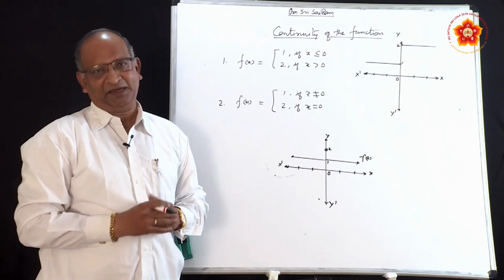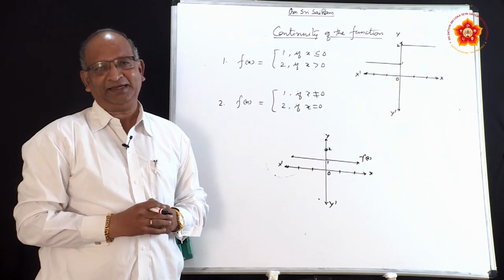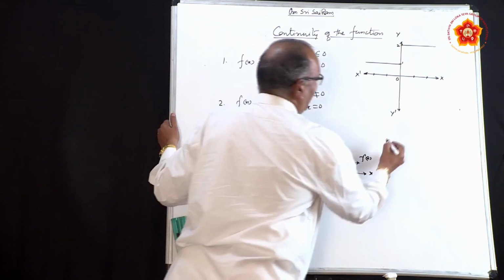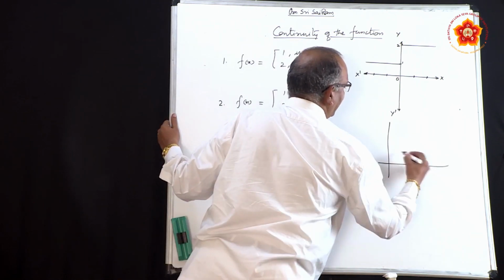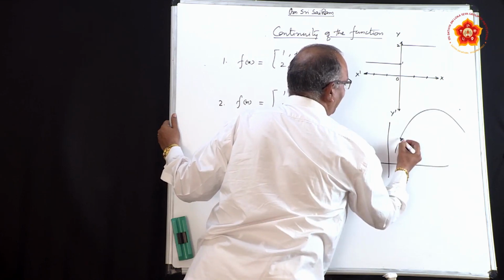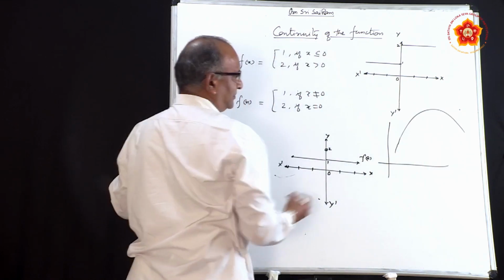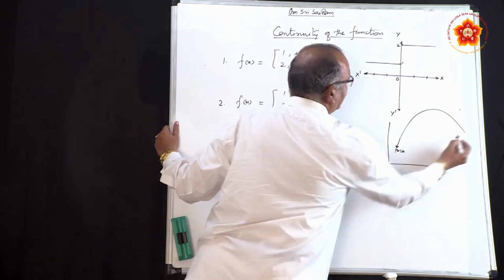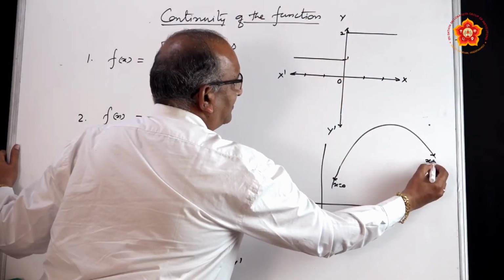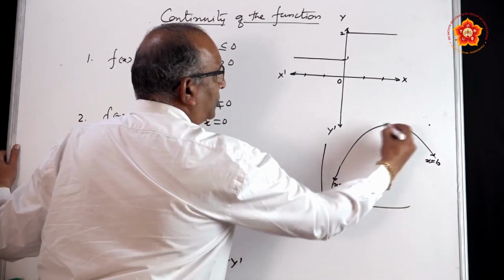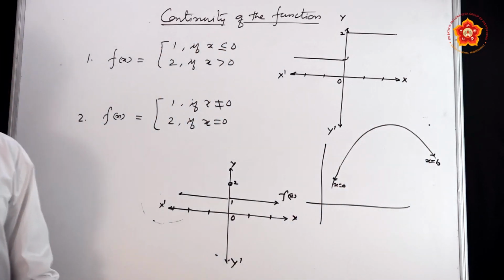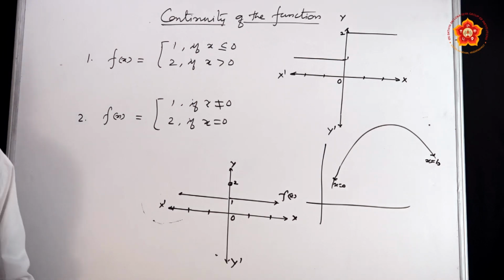In simple terms, if you have to understand, if you are able to draw the graph, let us take one more example. Let us say this is the graph of a function. Let us say here it is x equal to a, and let us say here it is x equal to b. You can see that to draw a graph from x equal to a to x equal to b, we don't need to lift the pen.